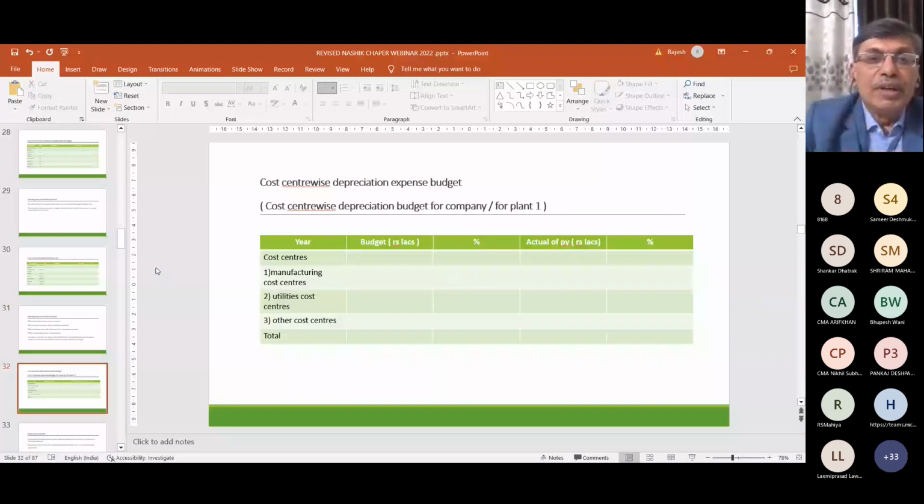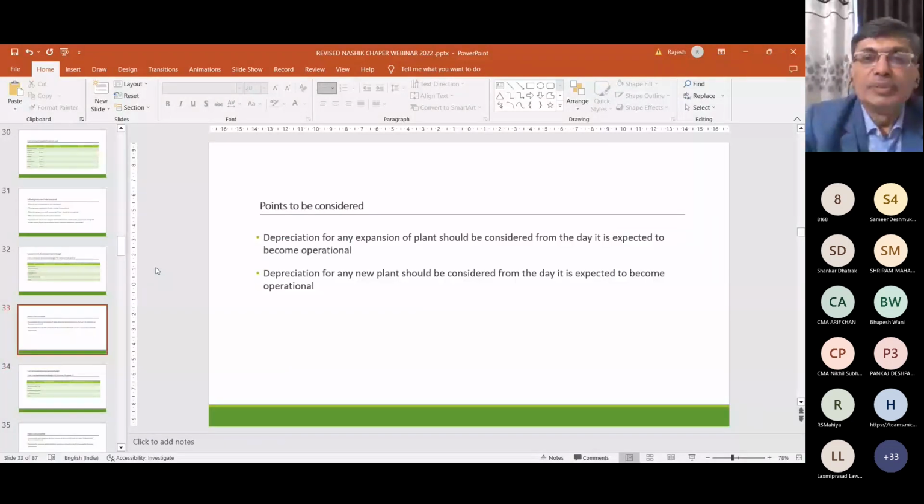Then here it will give the depreciation for the company for the plant, budget versus actual. Now what factors need to be considered for it?